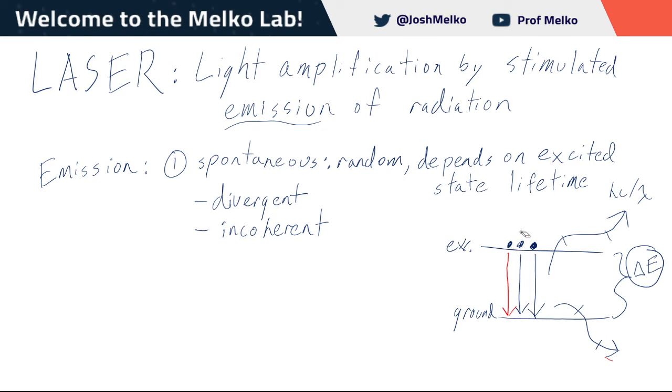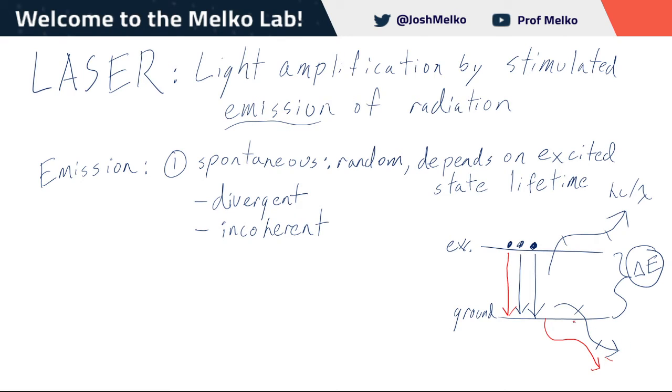So the photon is still going to go down and to the right, sort of southeast here, but it is incoherent, in the fact that it's not the same exact phase relationship as the first one.